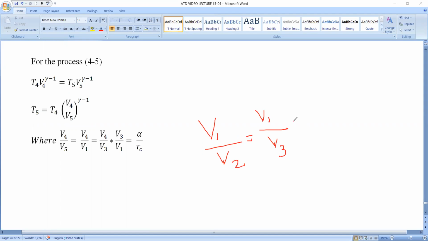Does it make any difference? No. Now this ratio is called the compression ratio, that is RC. V1 by V3 is RC, so V3 by V1 is 1 by RC. V4 by V3 is alpha and V3 by V1 is 1 by RC, so alpha by RC is another form for V4 by V5. So instead of V4 by V5, let me write alpha by RC. I hope this is clear.